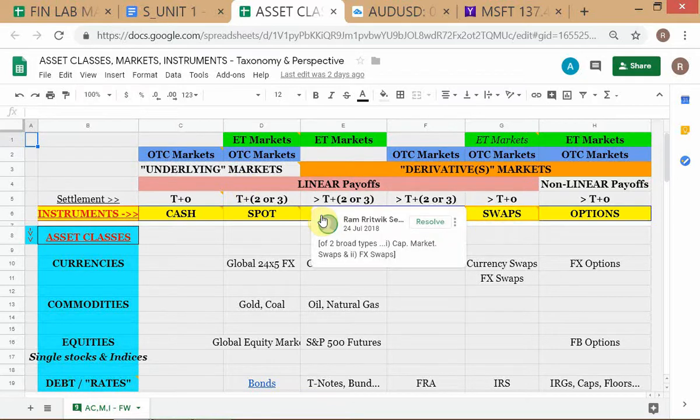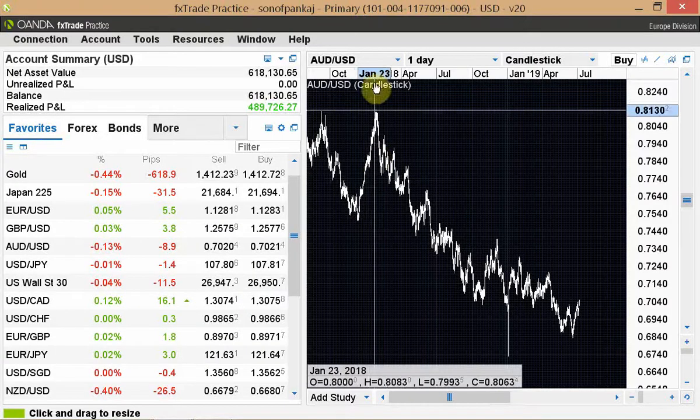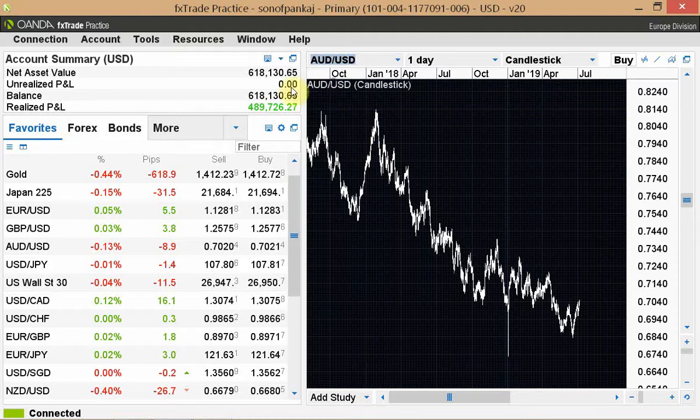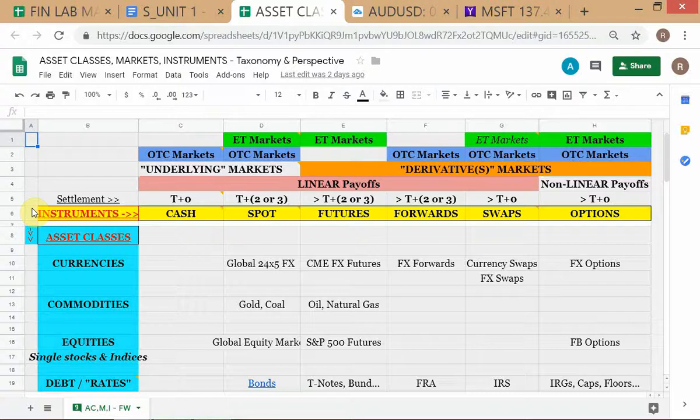What we are going to do is like what I was showing you just now. Remember I was showing you the gold market. What is the objective of this kind of a framework? The objective is that because there are so many markets in the world and so many different types of instruments, you get very confused when you encounter these.